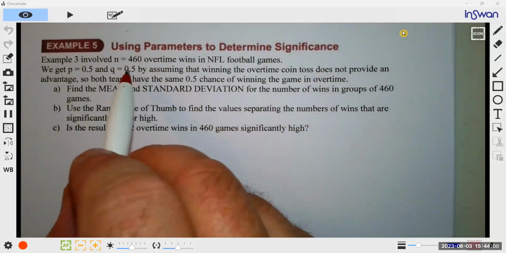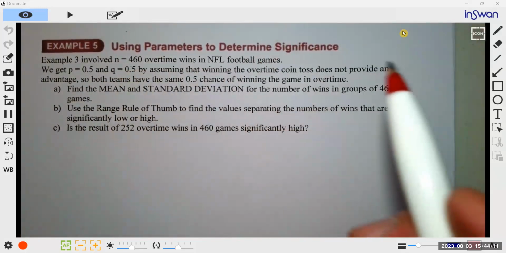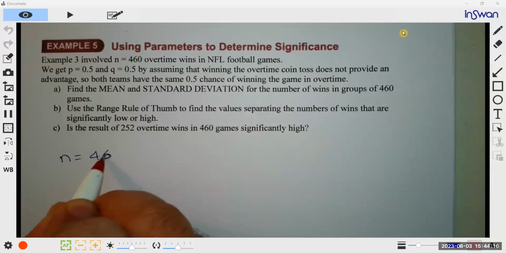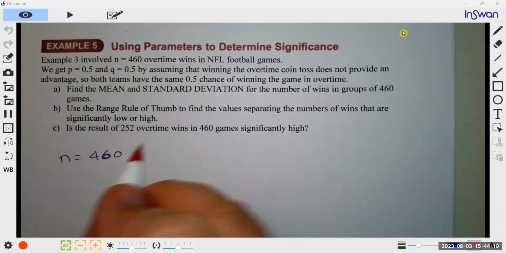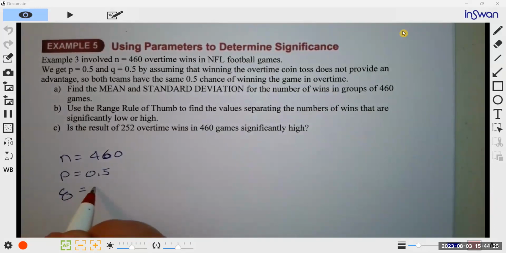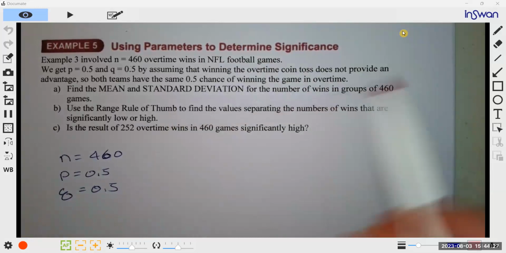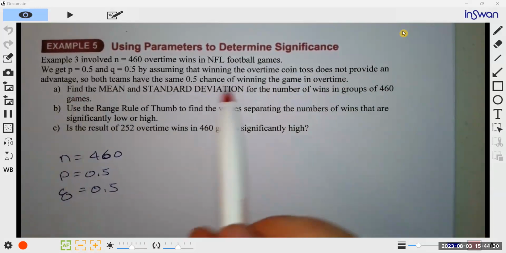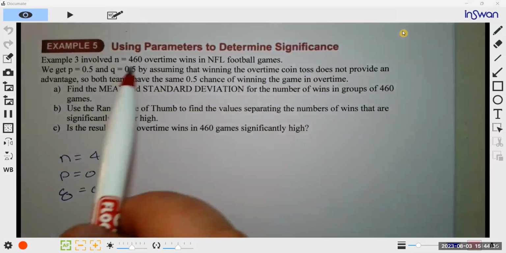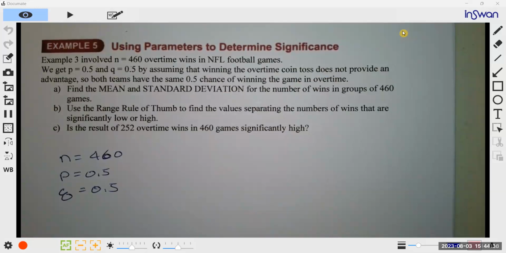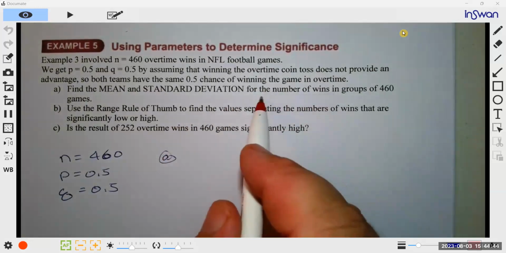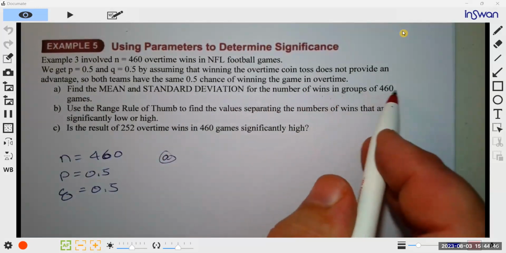Example 3 involved overtime football games, so n equals 460. We get p equal to 0.5, q equal to 0.5, assuming that the winning overtime coin toss doesn't provide an advantage. So both teams have a 50-50 chance. A, find the mean and standard deviation for the number of wins in groups of 460 games.